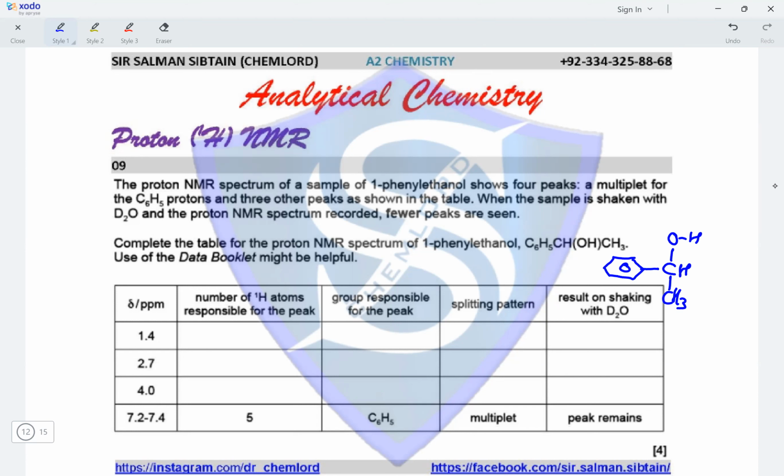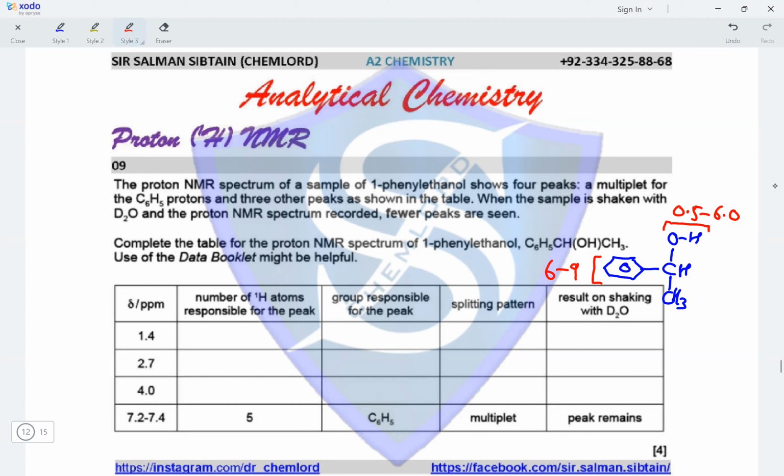So we have a benzene ring. The peak for the benzene ring lies in the range of 6 to 9 ppm. We have an alcohol group which lies in the range of 0.5 to 6.0 ppm. We've got a CH next to a CH3, next to an aromatic ring and next to OH.